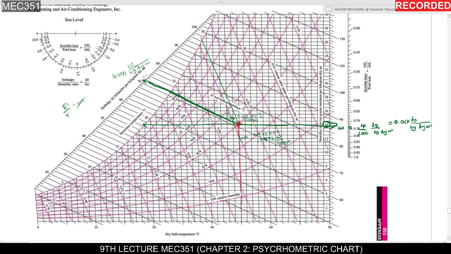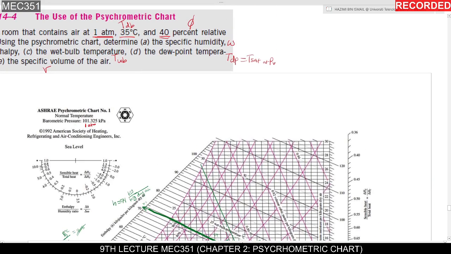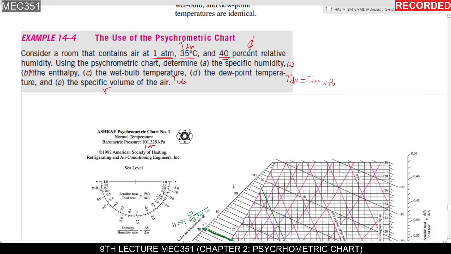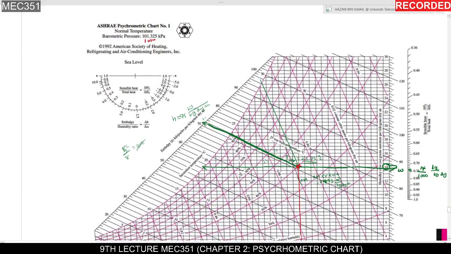This is just the tutorial on how to use the psychrometric chart, but in the test or real life, we maybe never use this psychrometric chart for a simple problem like this. Why?